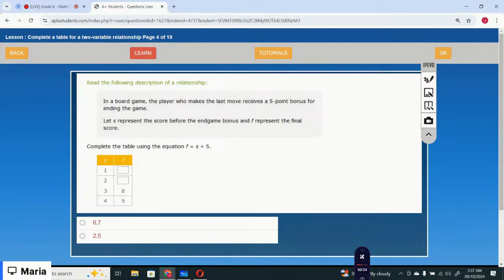Complete the table using the equation f equals s plus 5. So, which is the correct option?